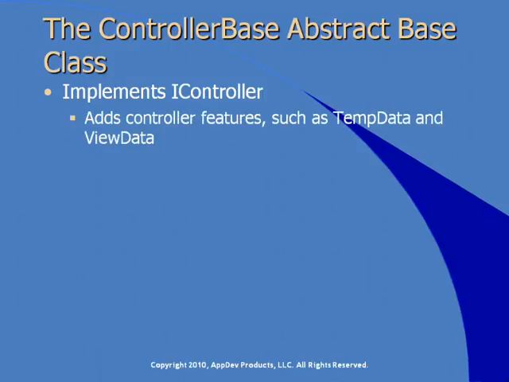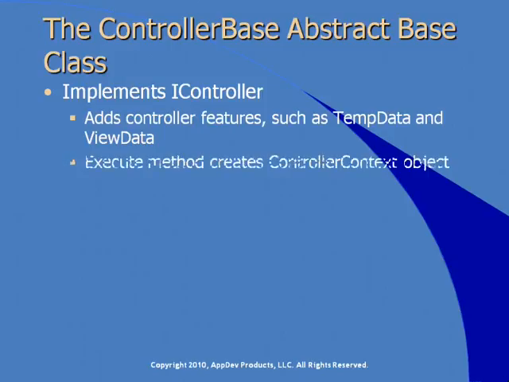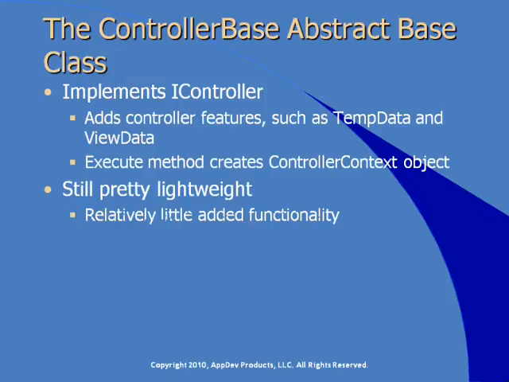ControllerBase adds the TempData and ViewData properties that let you share data between a controller and a view. The class's Execute method creates the ControllerContext object that provides context for the current request. Still, the ControllerBase class is pretty lightweight and adds only a little additional functionality to IController for the purpose of creating your own controllers.